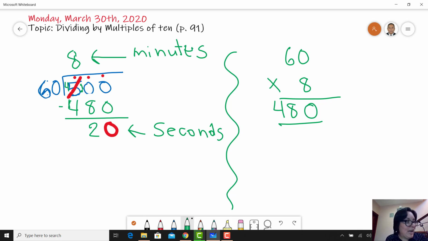So we already have the answer. So let's go to the last sentence that we have in the problem and it says, the experiment took how many minutes? 8 minutes. In how many seconds? In 20 seconds.